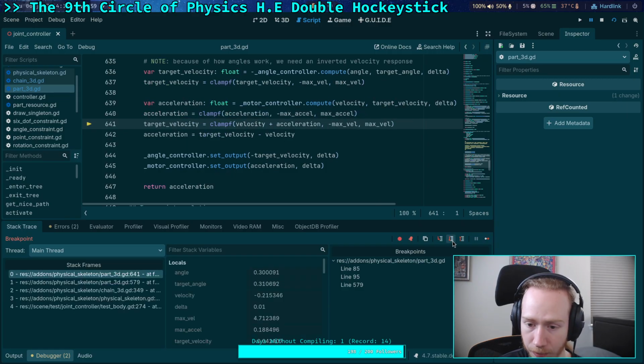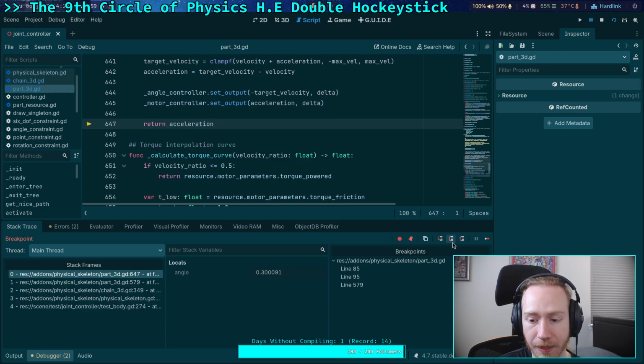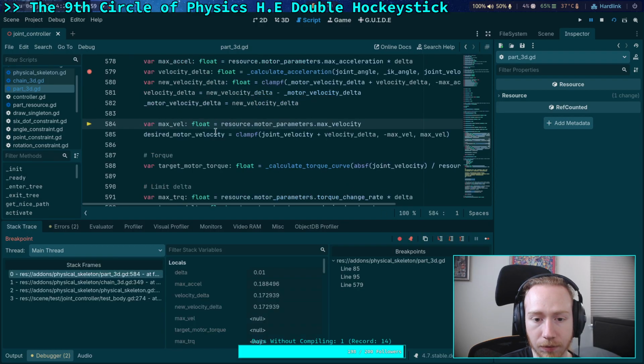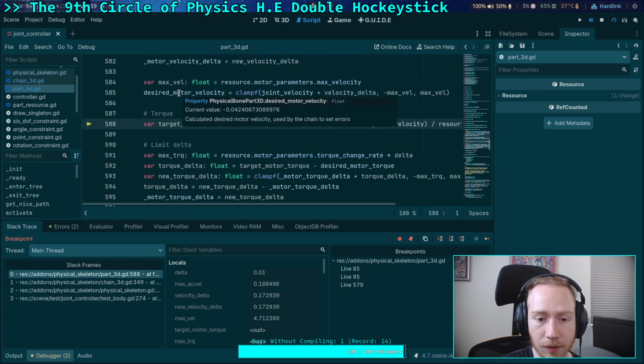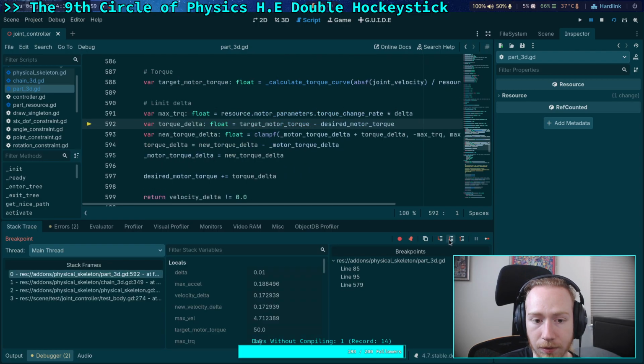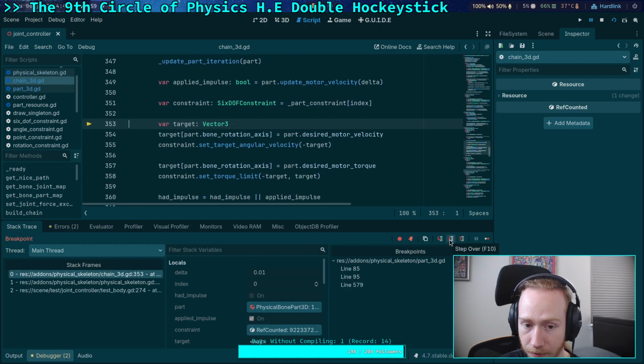It's not even a max acceleration. That's still correct.